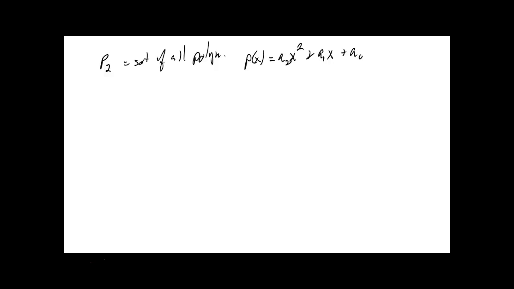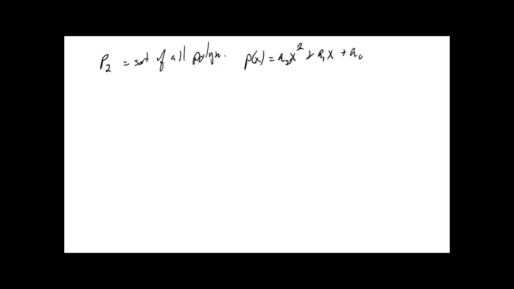I don't like going through all 10 of those things, so let's just shorten it a little bit. Would that be closed under addition? If you had one polynomial, a2 x squared plus a1 x plus a0, and another polynomial, b2 x squared plus b1 x plus b0, when you add those two together, are you still a polynomial of degree 2 or less?